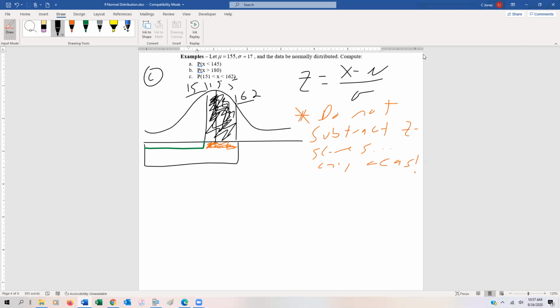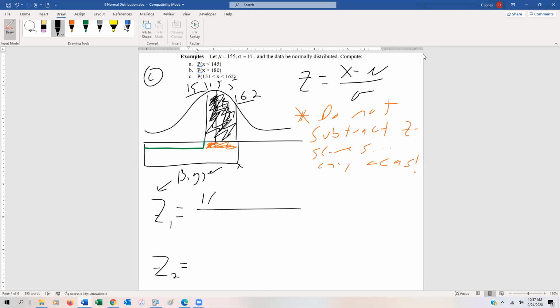So let's get to it. I'm going to call one of the z's z1 and the other z2. What I personally always do is make the bigger value correspond to z1. So z1 is the one with the bigger x.